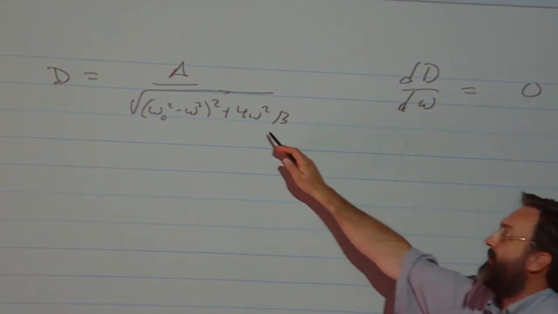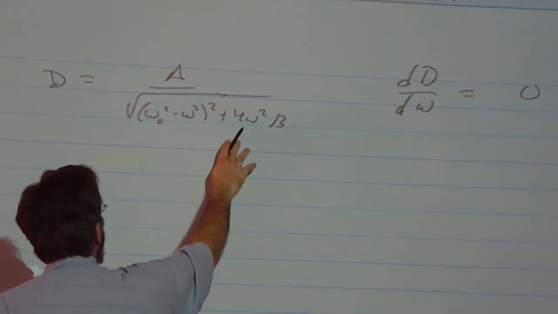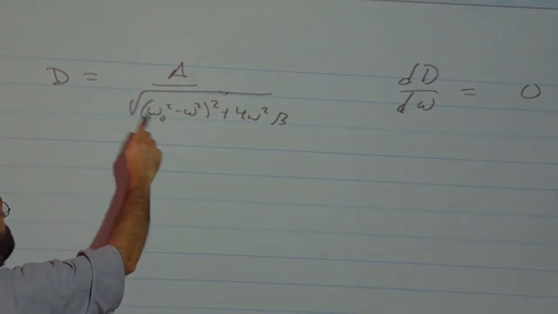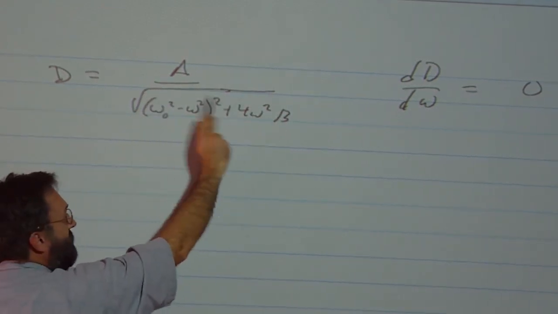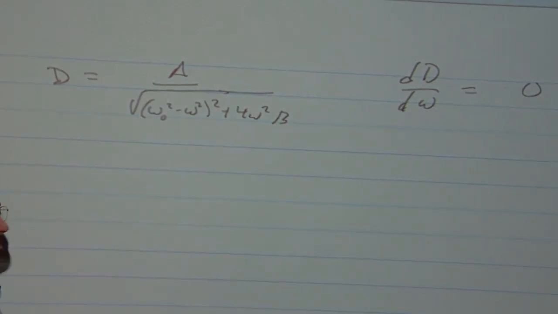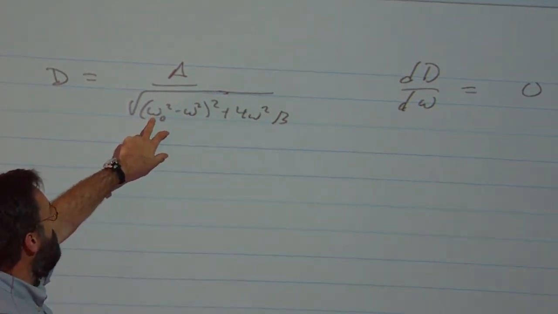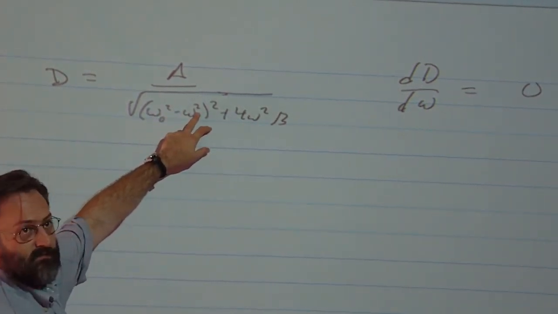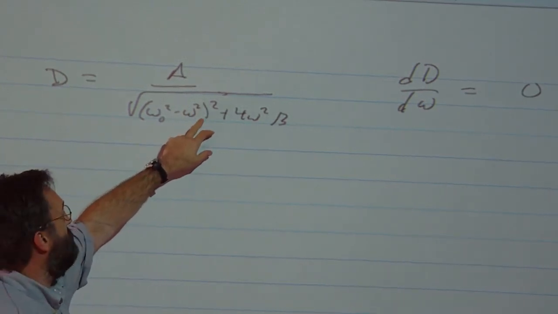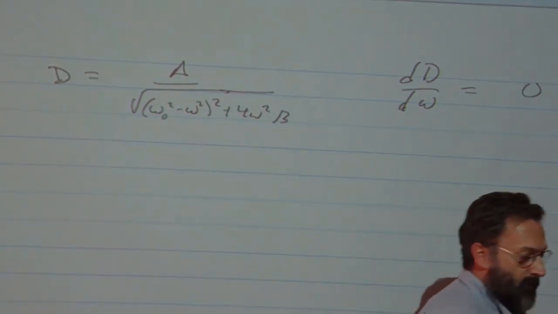You get some algebra, and basically the important term is going to be the derivative of the bottom. So you're taking the derivative with respect to omega. So you're going to have minus a half A over all this stuff to the 3/2 multiplied by the derivative of this. The derivative of this is going to be twice (omega 0 squared minus omega squared) times omega plus 4 beta squared.